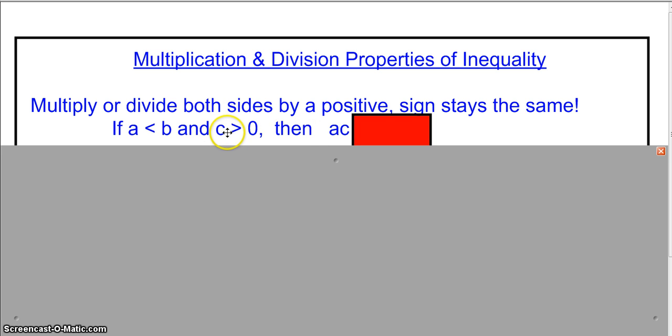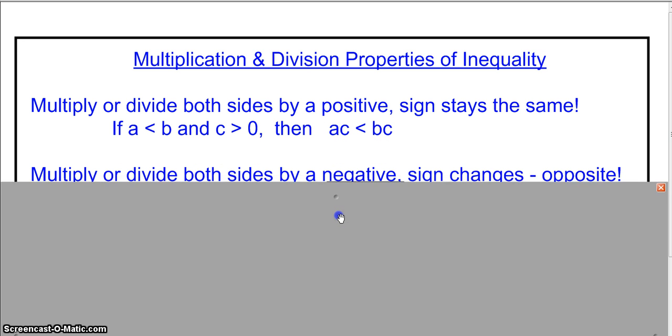And if C is positive, does that change the sign? No, we're multiplying both sides by a positive. So look, the sign has remained the same. If A is less than B and C is positive, then if we multiply both sides by C, the sign stays the same.